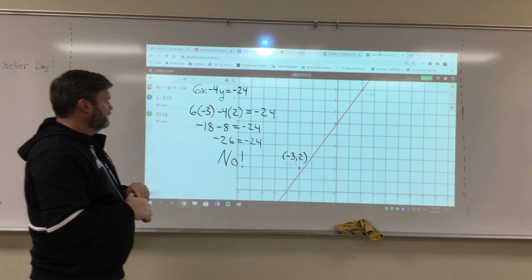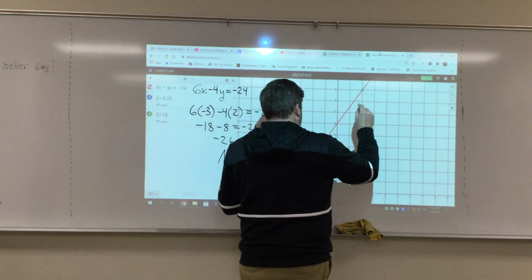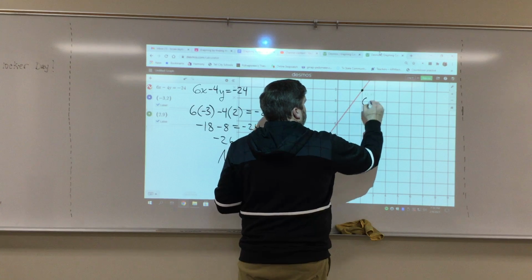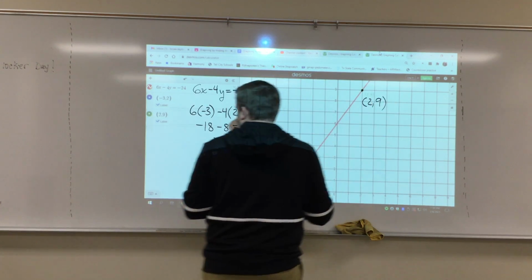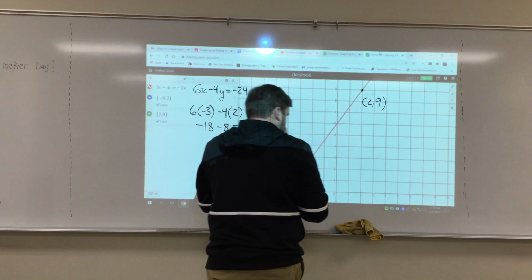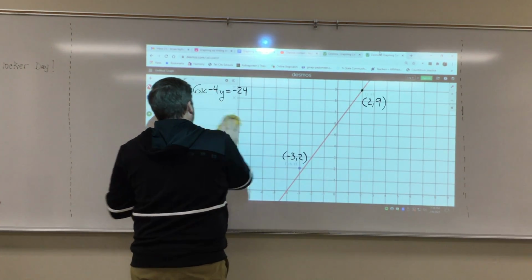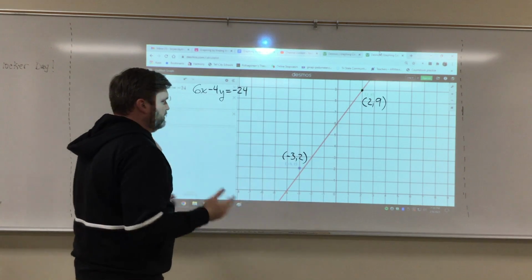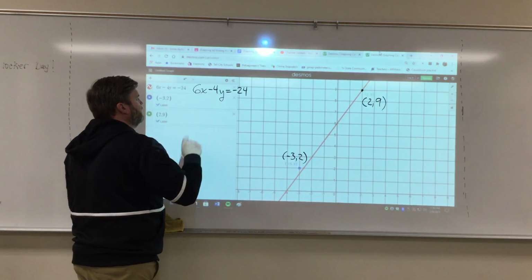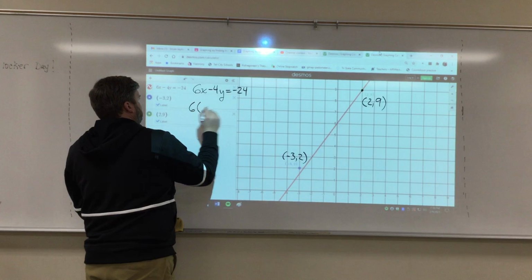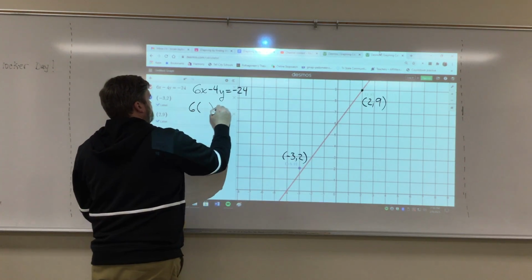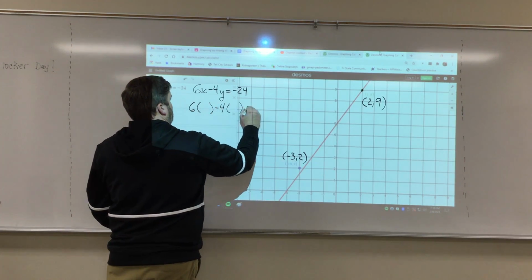Let's do that same thing for this point up here, which is 2, 9, I believe. It's so blurry up close I can't tell. Yeah, 2, 9. And again, you already know what's getting ready to happen. I'm going to get a true statement because you can clearly see it's on the line. But I just wanted you to make a connection between the two before we try some without.